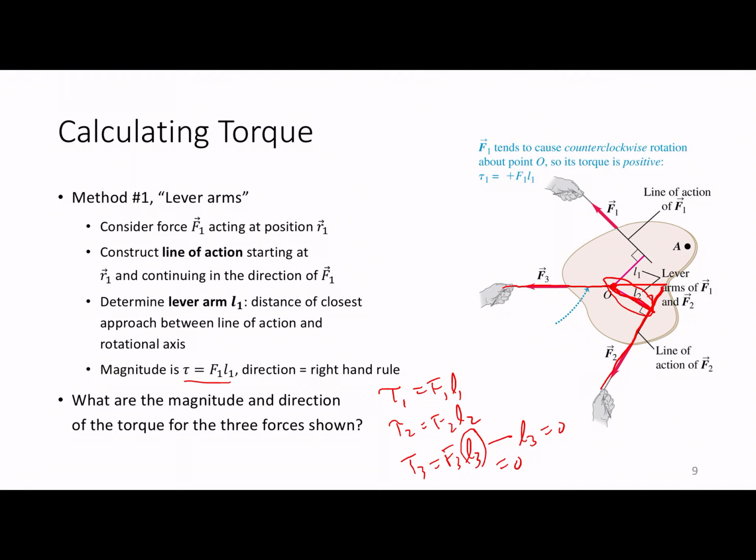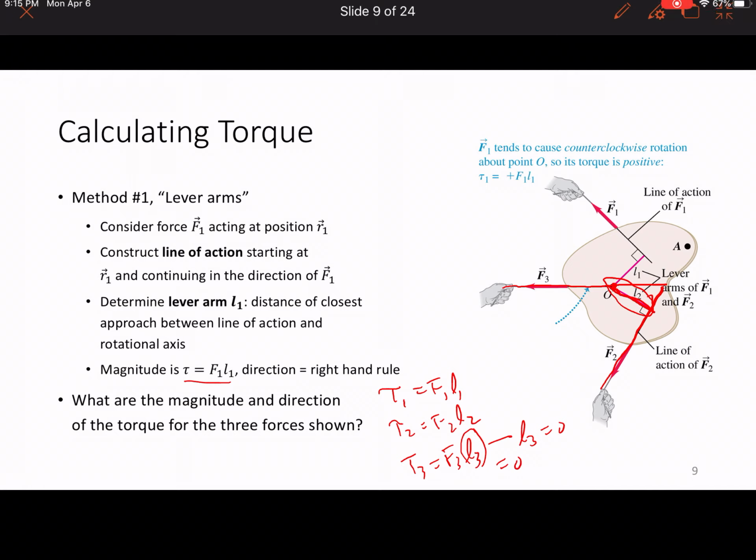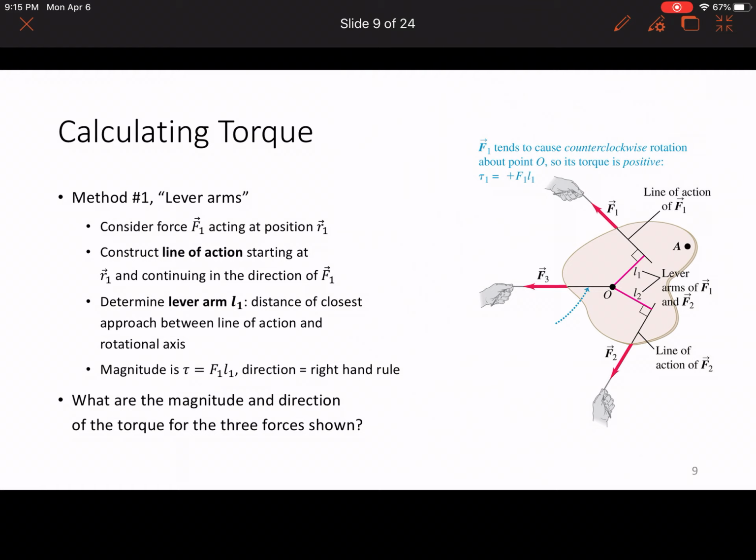So with F1, what we want to do, let's go ahead and erase this figure here. We're going to start by drawing the radius R1 that starts out at the axis of rotation and ends at the point of contact. And then we simply need to do the right-hand rule. So everyone take your fingers, point your fingers up in the direction of R1, curl them in the direction of F1, and your torque should be out of the page.